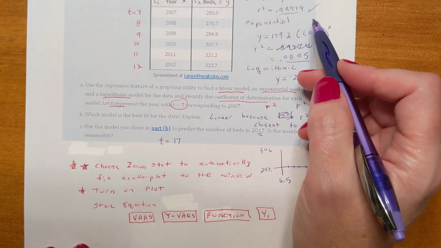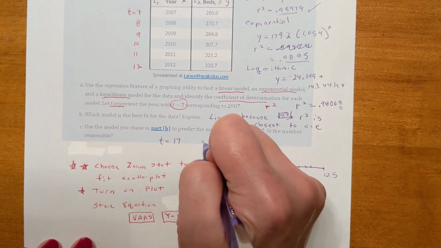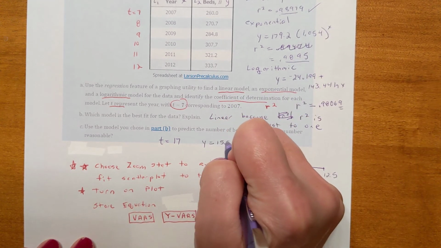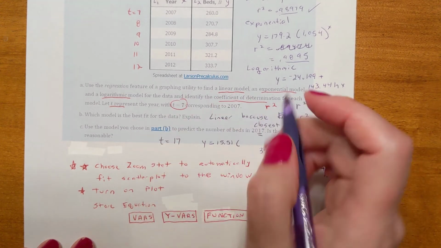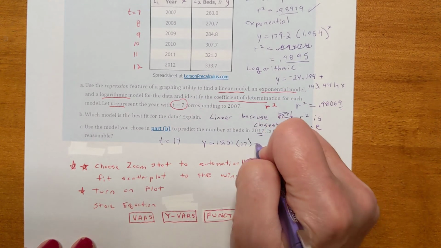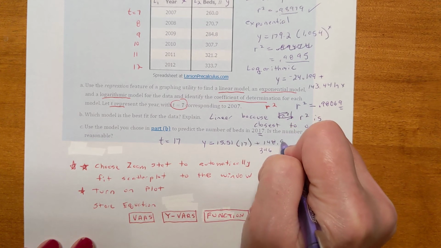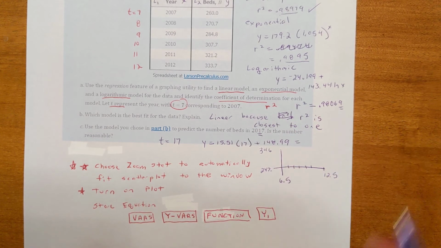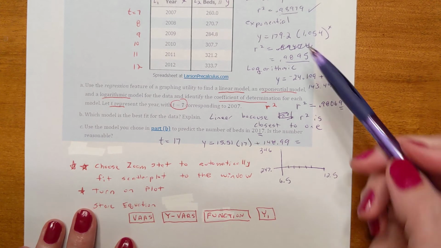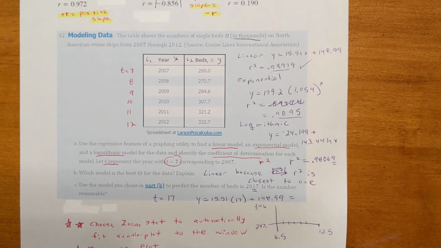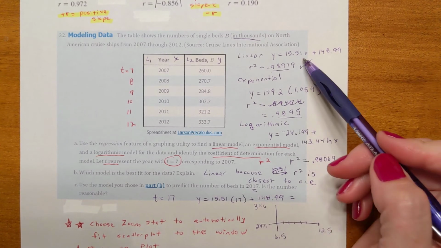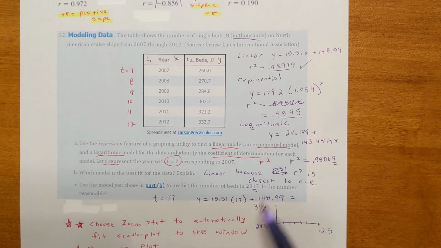And we chose the linear model, which was y equals 15.51 times x plus 148.99. So we're plugging the 17 in here for the value of x up here. We're plugging the 17 into the linear model right here for x.